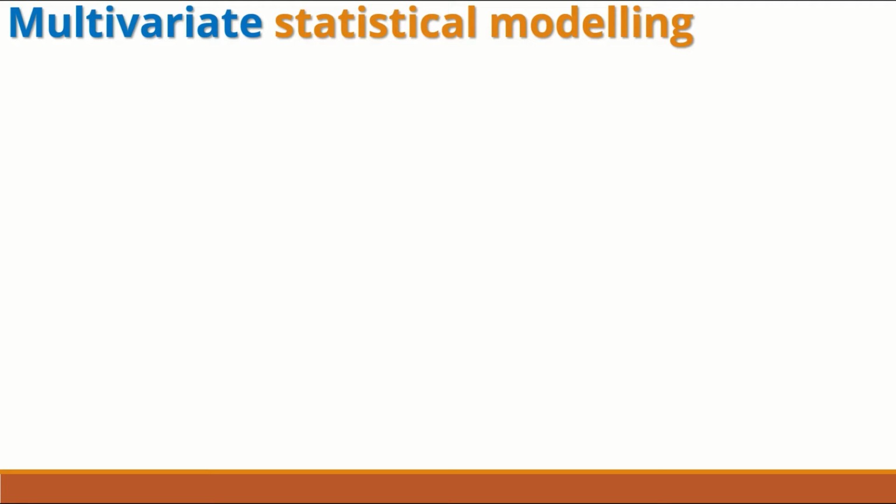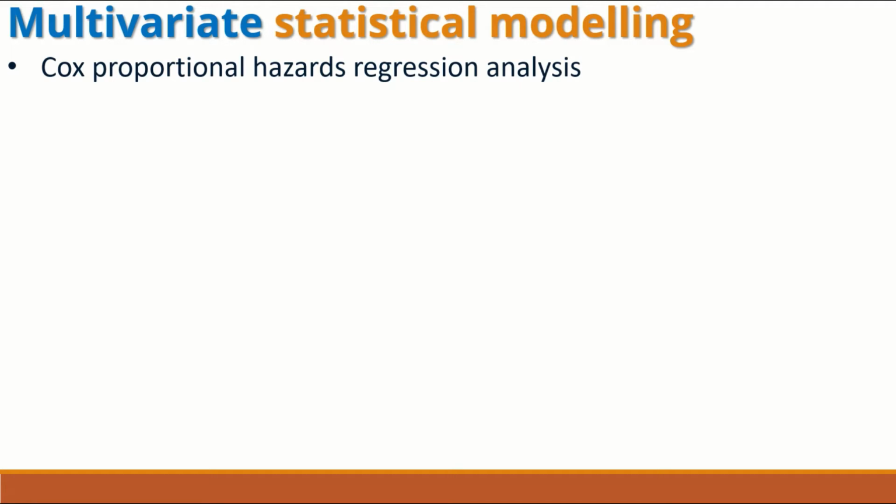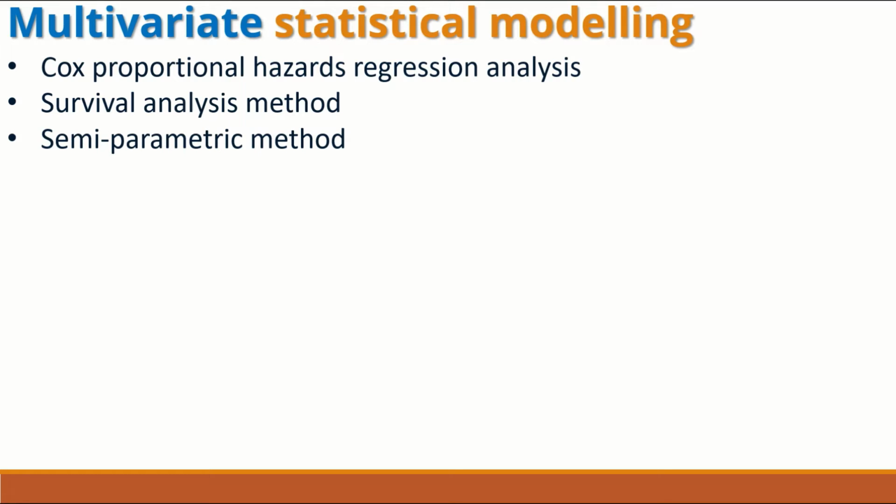There is a multivariate statistical analysis such as the Cox proportional hazard regression analysis. The analysis is a survival analysis method. It is a semi-parametric method, and it is used when there is more than one variable or more than one predictor.